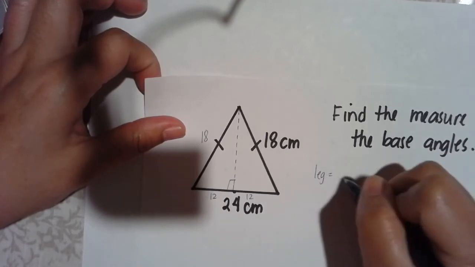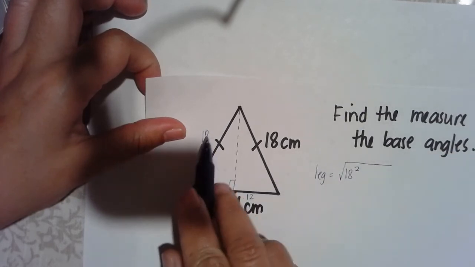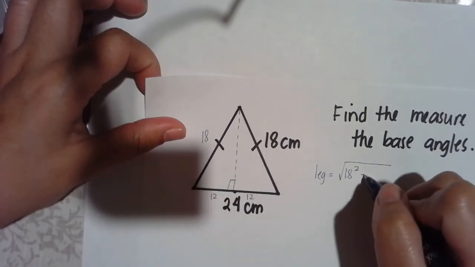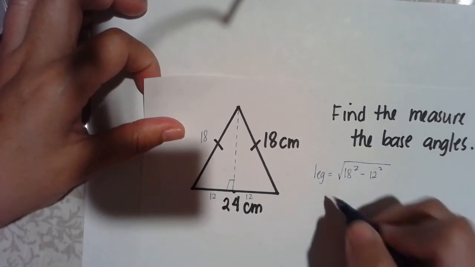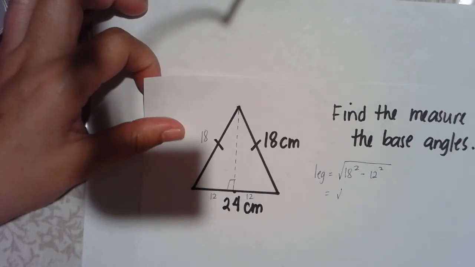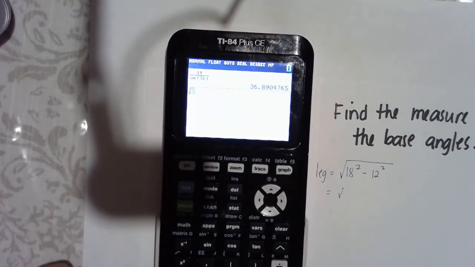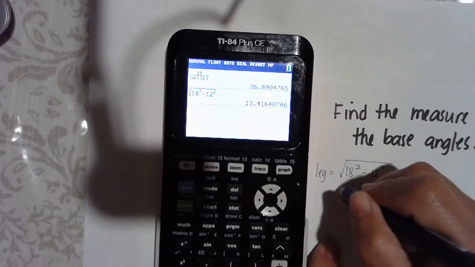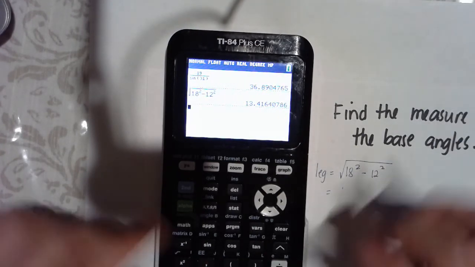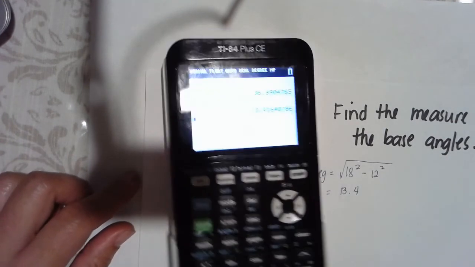So I'll put leg and then square root: 18, the hypotenuse, squared minus 12 squared, the given side, is 13.4.